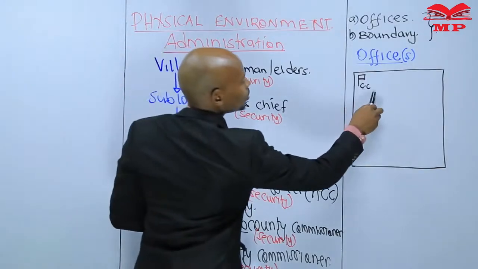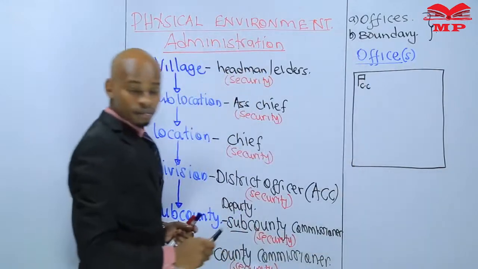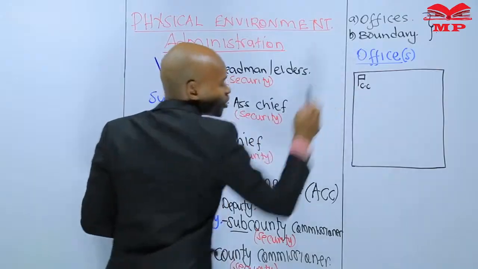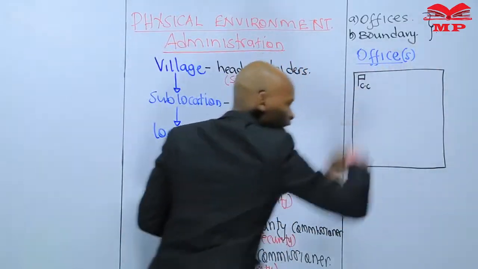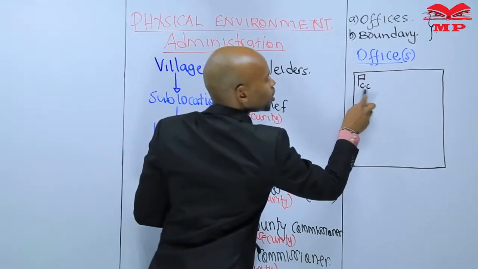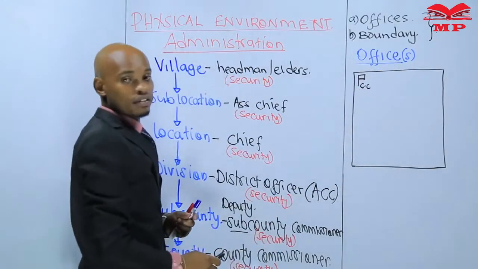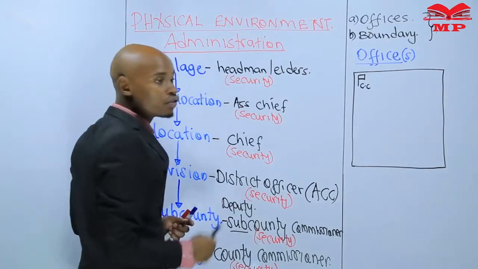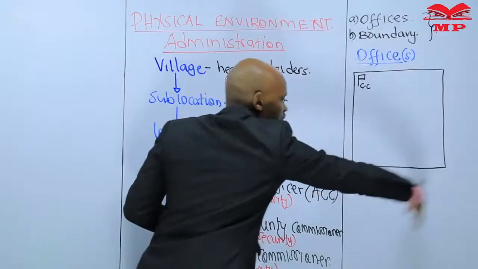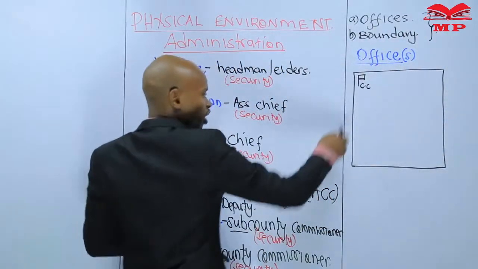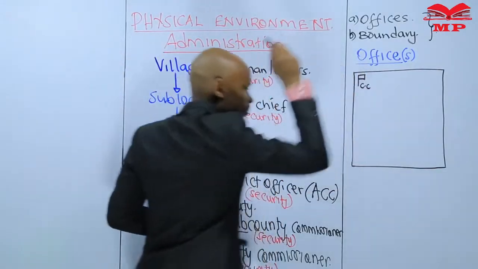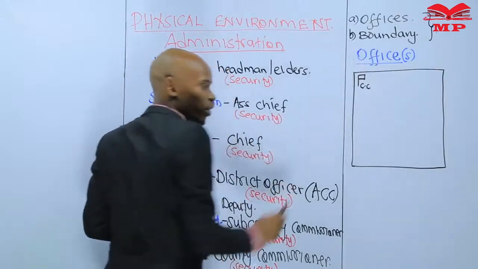A chief camp is an office. Now that we want to know the administrator using the office, who is the administrator of this area? We have an office of a chief camp. A chief camp is for a chief. So the person in charge of administering this area is a chief, because we have a chief camp. We have used an office.